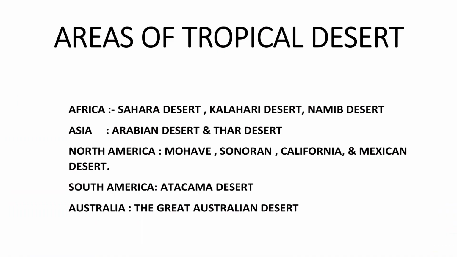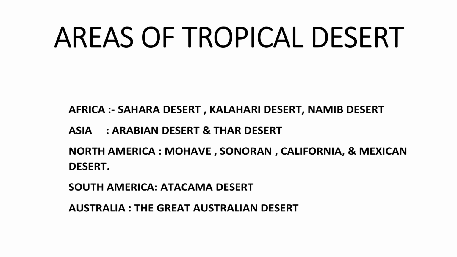Now let's have a look at the areas, continent wise, where these types of deserts are found. In Africa, they are found in the Sahara Desert, Kalahari Desert and Namib Desert. Sahara is in the north of Africa, and Kalahari and Namib are in the southern part of Africa.